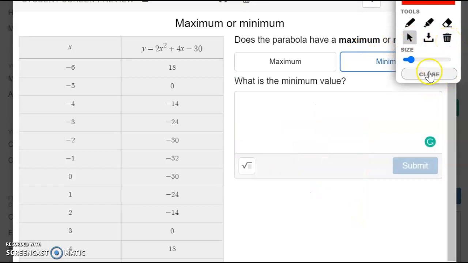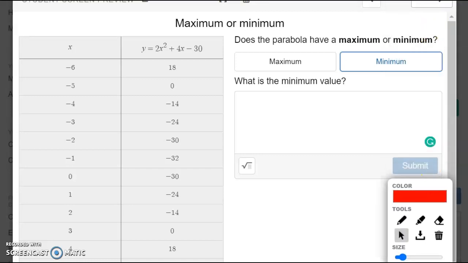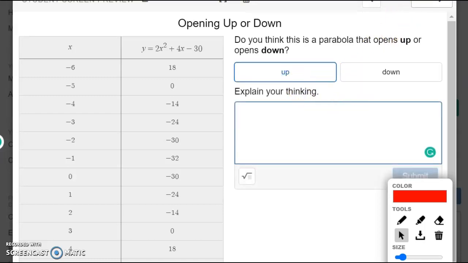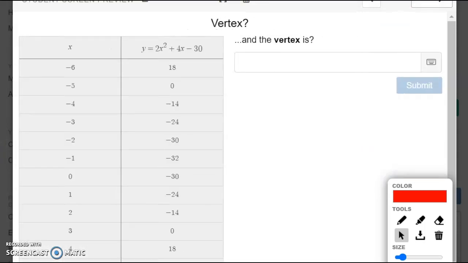And you need to explain why. Okay, do you think the parabola is going to open up or down? From the parabola that we drew, it's going to open up. Explain your thinking. And the vertex is, okay, where is the turning point in the direction?